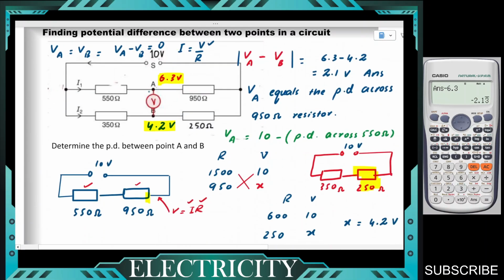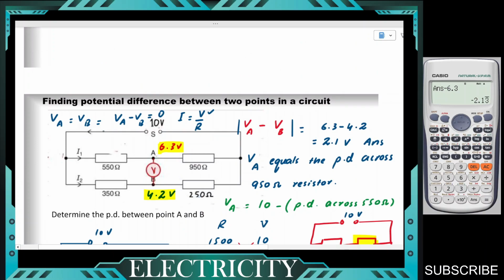Unlike the upper one, where the current was flowing through the left side, so this one was positive and this one was negative. It is given in the question. Either they can give you the direction of the current, or they can show you the polarity of the battery. So if this is a 10 volt battery, this side would be at 10 volt and the other side would be at 0 volt. Only then do you get a potential difference of 10 volt between these two ends.